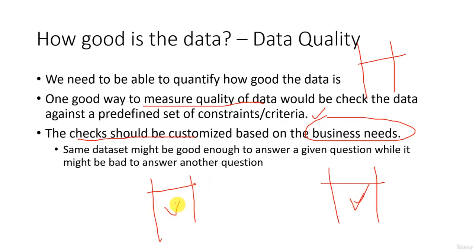So in some scenario the same data might be bad, and in some scenario the same data might be good as well. That means data quality should be customized based on what the business requires. The same data set might be good enough to answer a given question, while it might be bad to answer another question. So remember this.